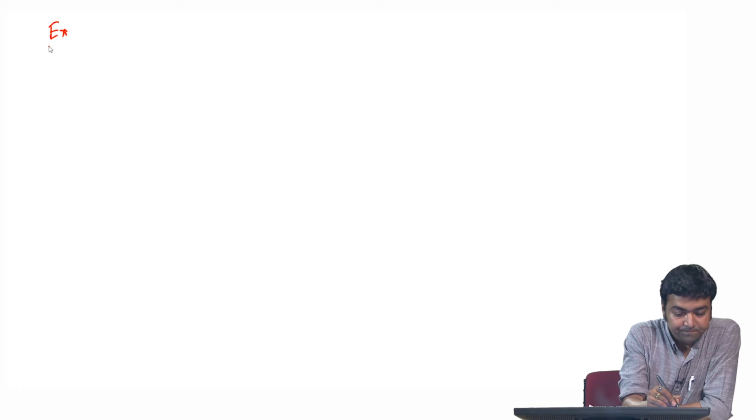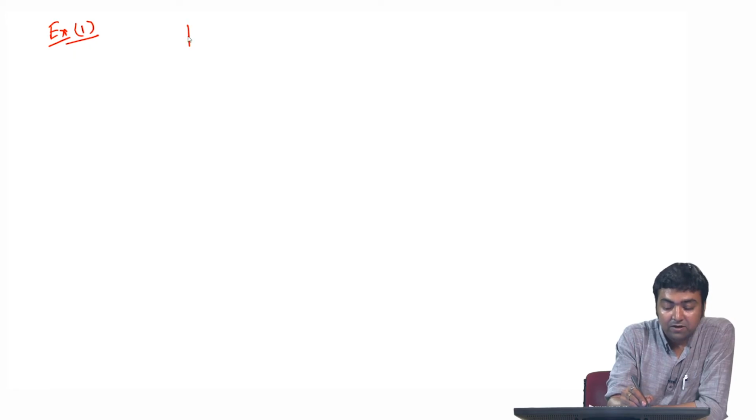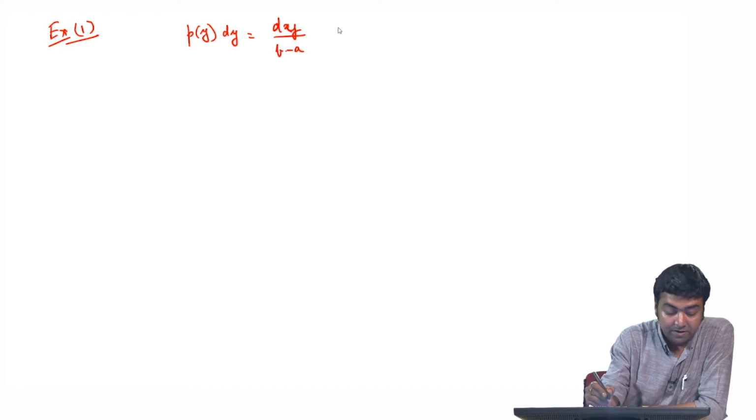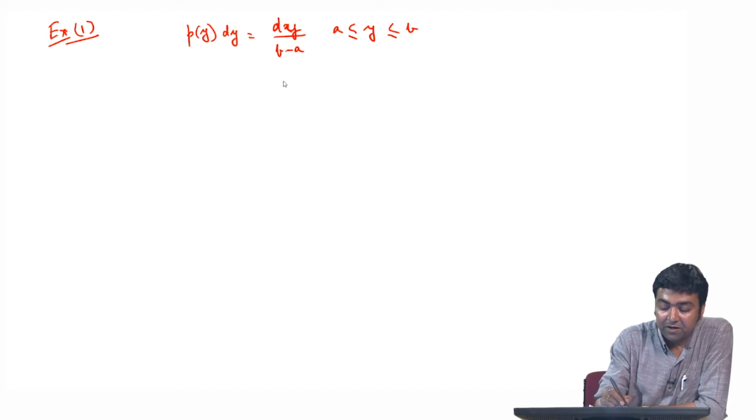So, we take some examples. The first example is a simple one: suppose I want a set of random numbers which has the following distribution, p(y) dy = dy/(b-a), when y lies between a and b, and is equal to 0 elsewhere.